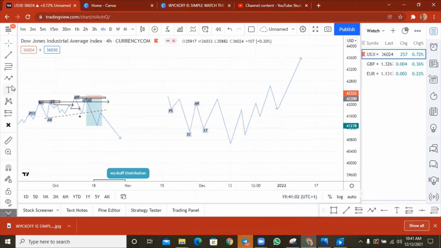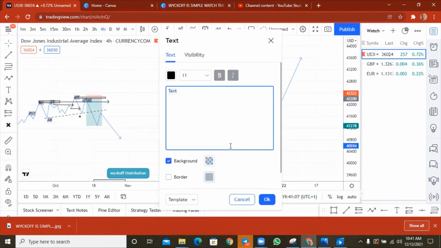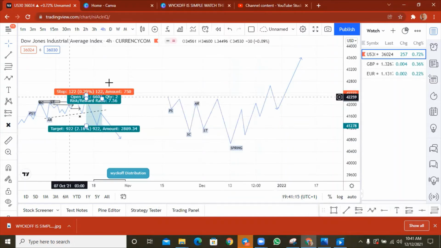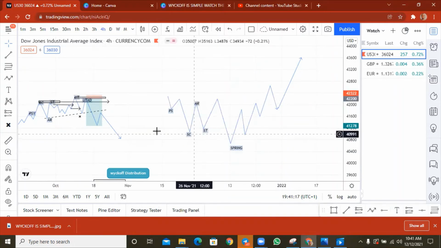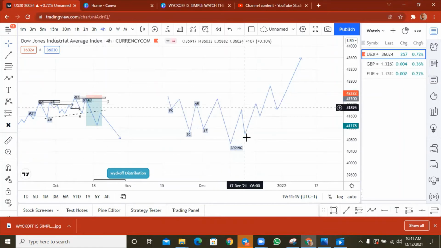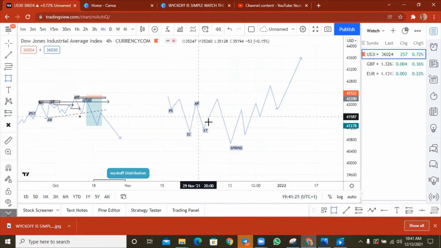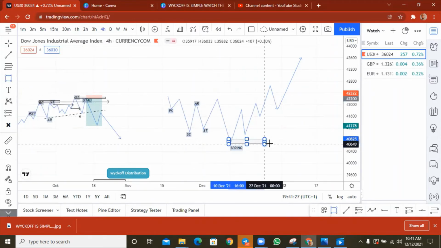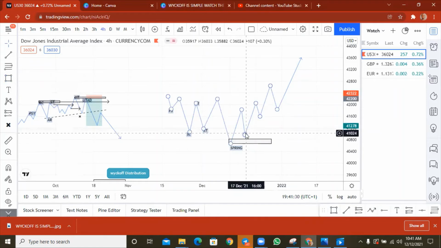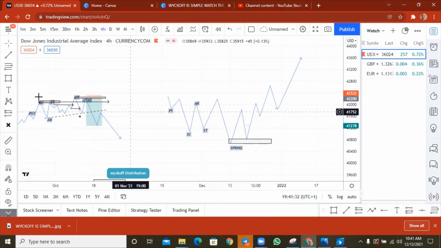So what we have next is the spring. You know, the spring is in place of the UT right here. That's a very big liquidity run, right? That very big liquidity grab here is seen as a spring. Look at this UT, where it cleared all the liquidity right here. Then the next retest pullback to a point of interest around there is seen as a spring test.